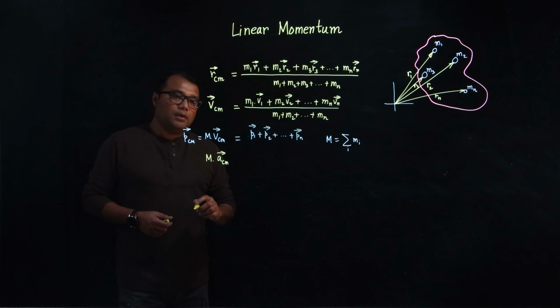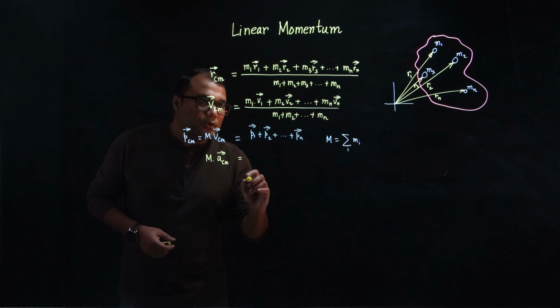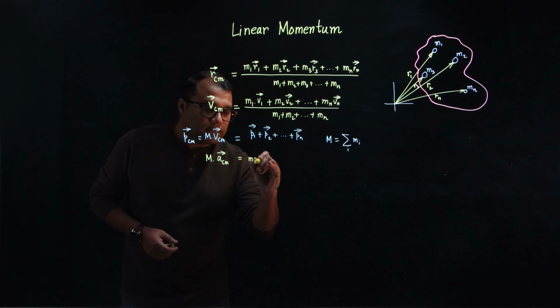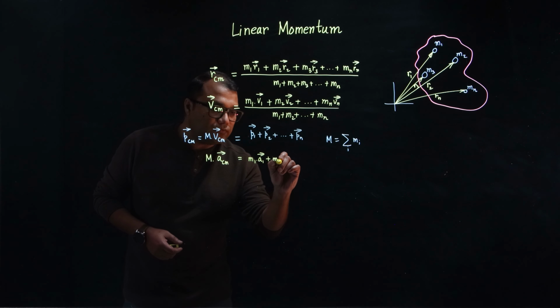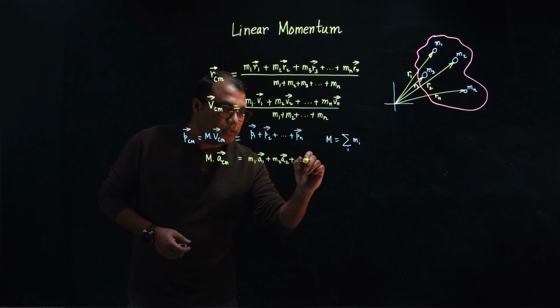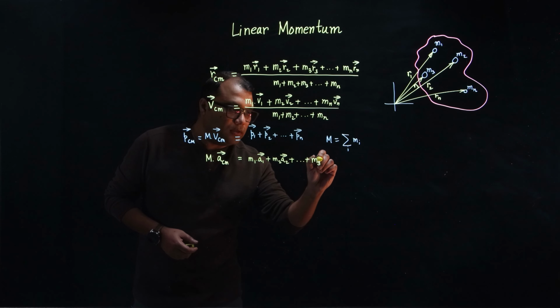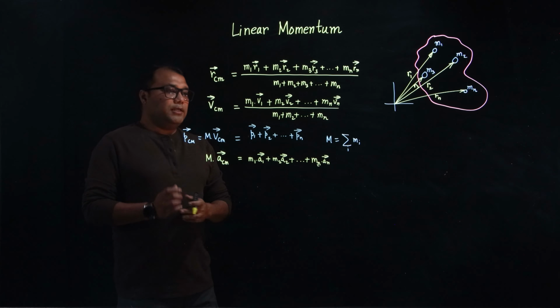Okay, and that will be equal to mass times acceleration of the individual discrete masses which make up the system. Okay, sum of mn times acceleration of the nth mass.